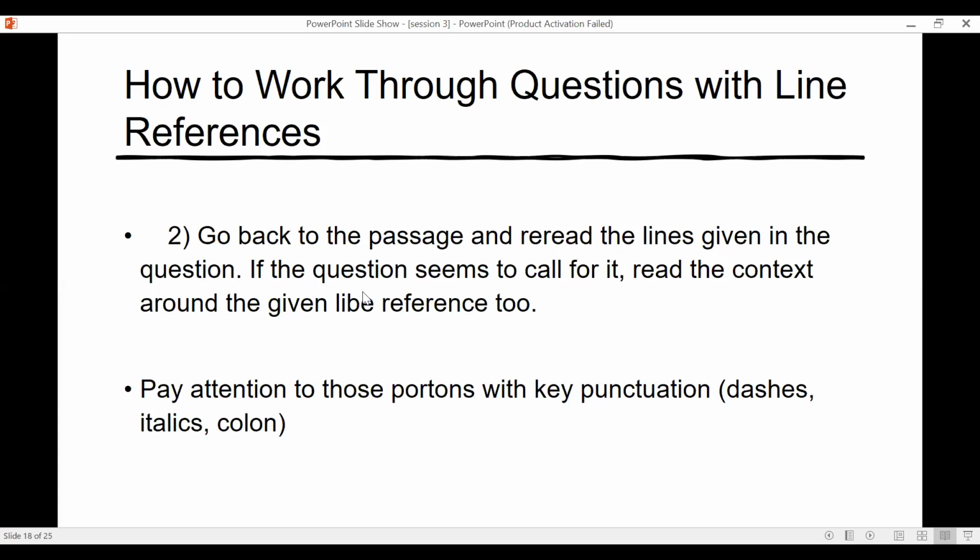You need to read the context around the given line references. Seems to call for it means, for example, if I go to the line reference and I find a certain pronoun within it referring to something stated earlier, I need to understand what is stated earlier. So I need to read what is before the line reference. Pay attention to those portions.